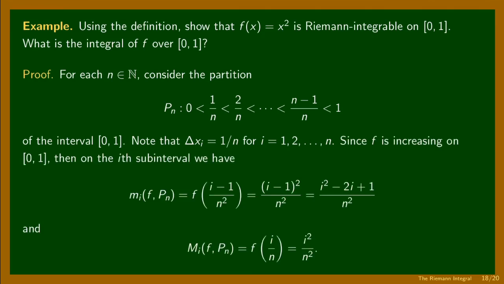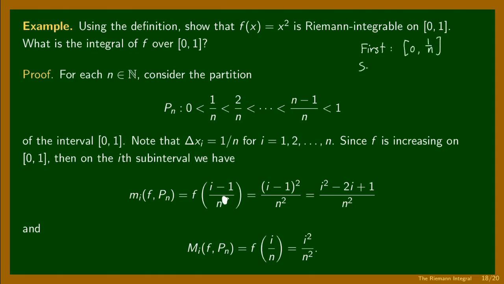Again, because f is increasing on the closed interval from 0 to 1, then on the ith subinterval, the infimum can be obtained by evaluating f on the left endpoint. Bakit ganito yung left endpoint? I think there's an error here. Kasi yung first, for example, yung first subinterval mo, 0, 1 over n.